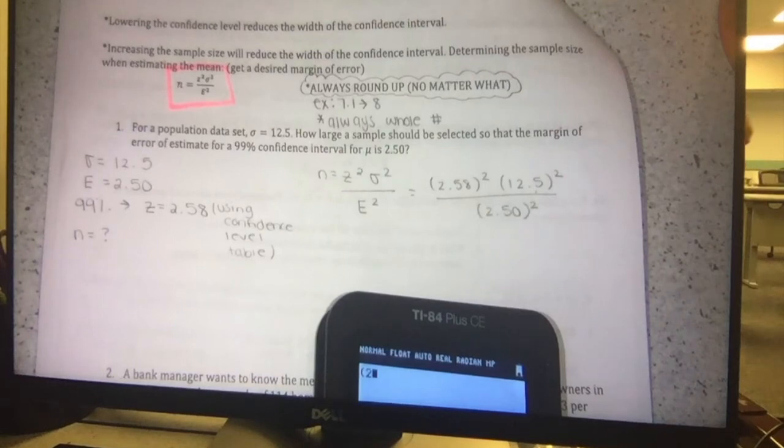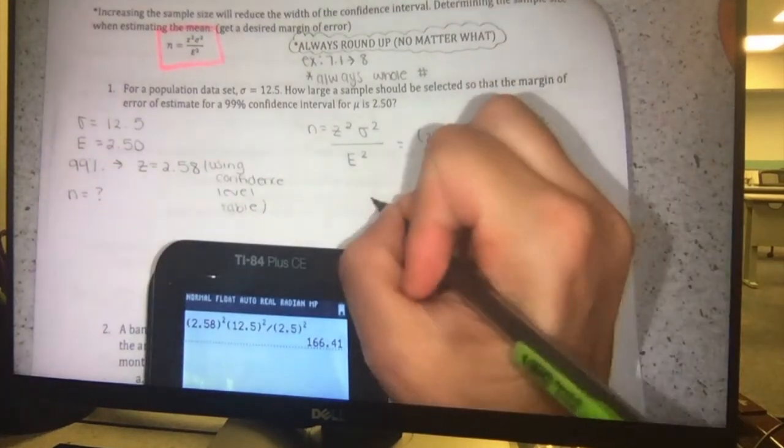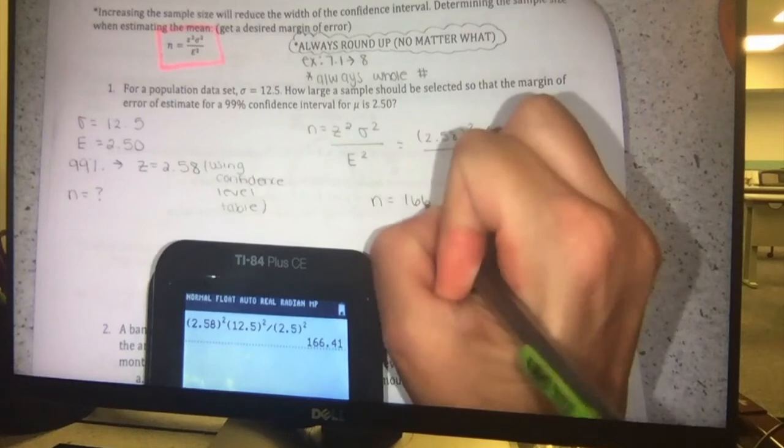Plugging this into our calculator, 2.58 squared times 12.5 squared divided by 2.50 squared gives us n equals 166.41.